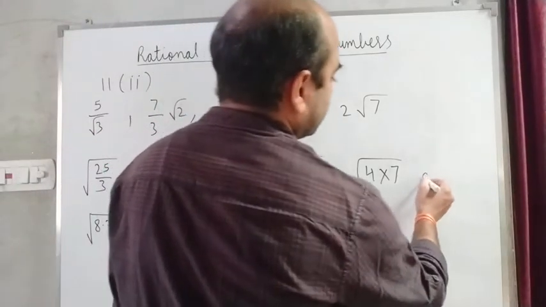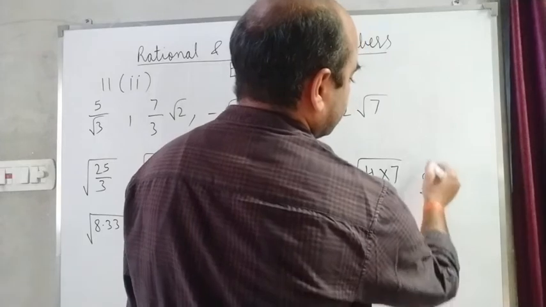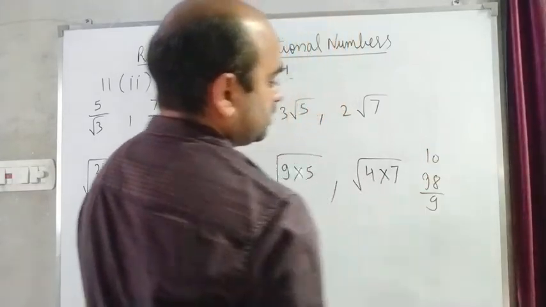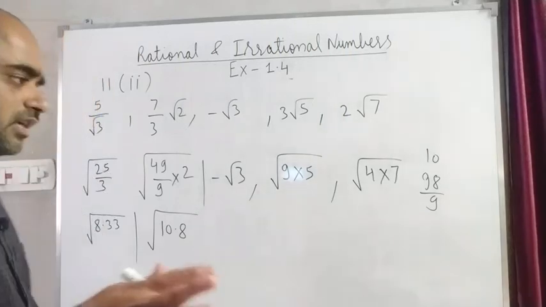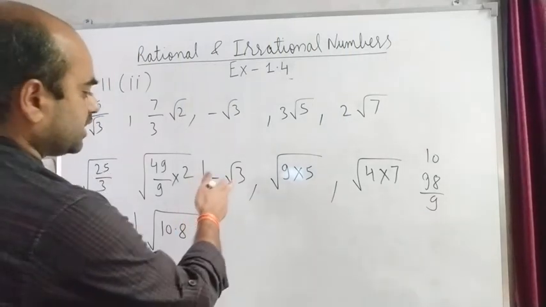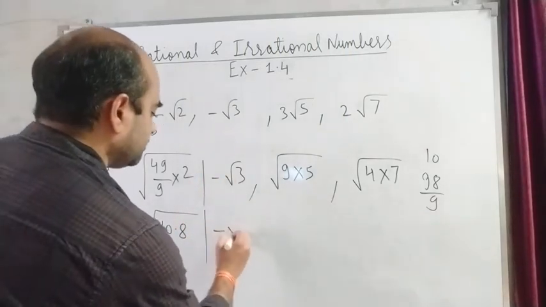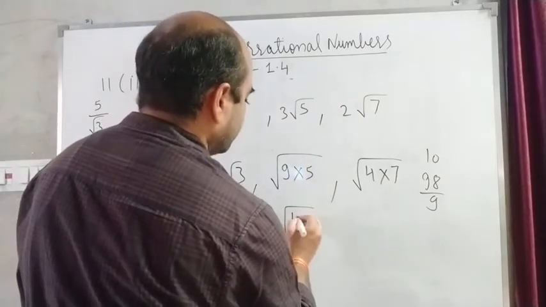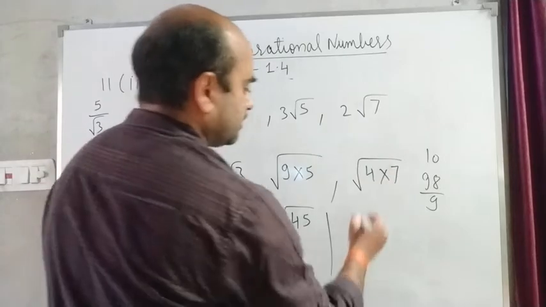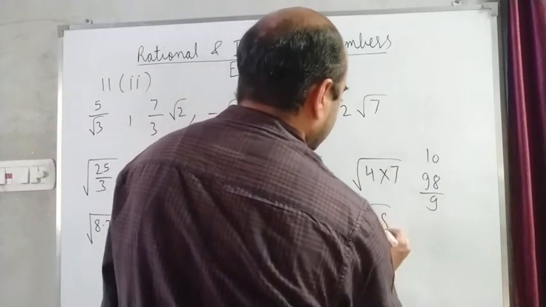You can divide 98 upon 9. Clear? That is 10.8 something, or nearly 10.9. Then next, minus root 3 will remain same. Next is root 45. Next one is root 28.